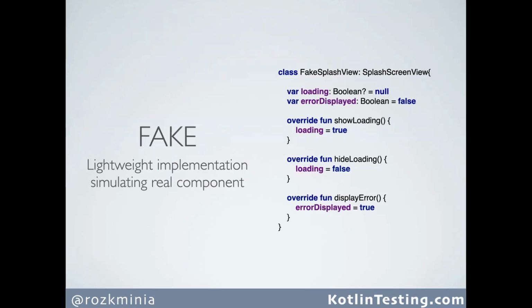But it's good to remember that we are not bound to mocking frameworks. We can provide our own lightweight implementation by ourselves. And a good example would be the view of that splash screen. Somewhere in the test directory, we create an implementation for that view interface, which will keep the state of loading indicator and record information that error was displayed.